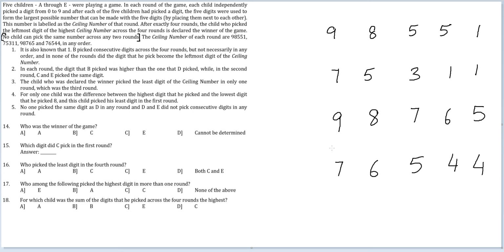Okay, at this time, are you also able to see that whoever picks this 9 is the winner? Because this is the greatest ceiling number that is getting created. The leftmost digit of this greatest number is 9. So whoever picked this 9 is the winner.